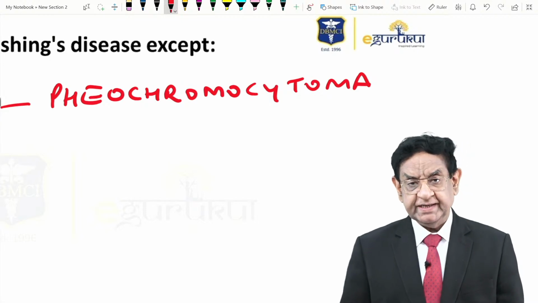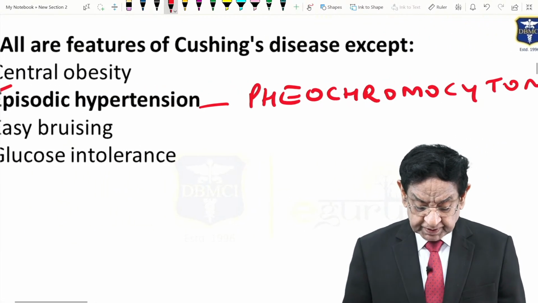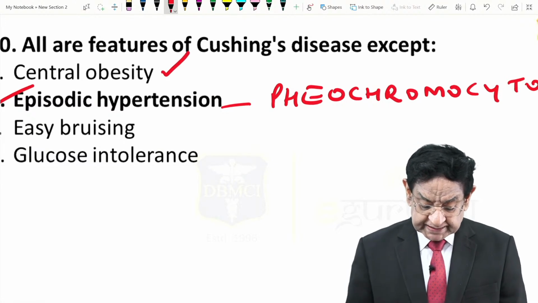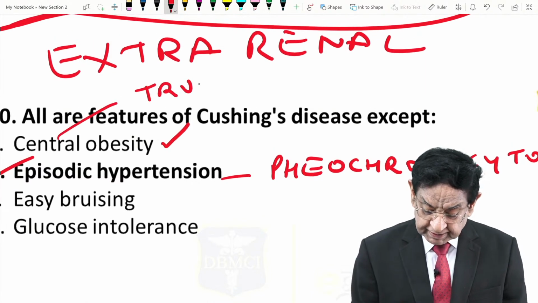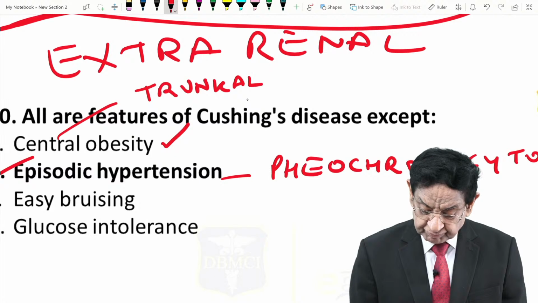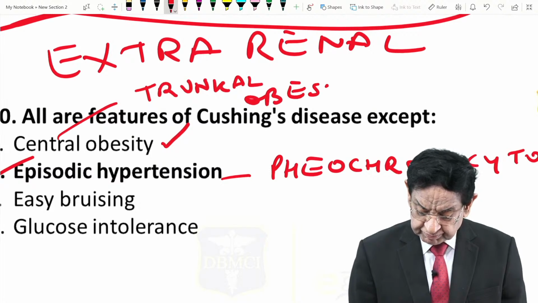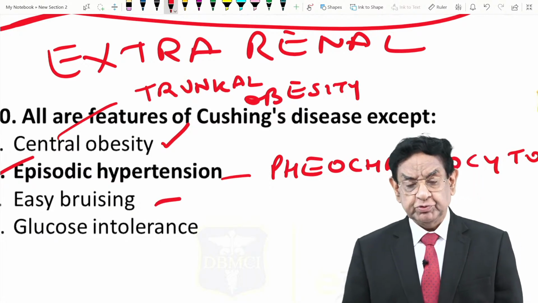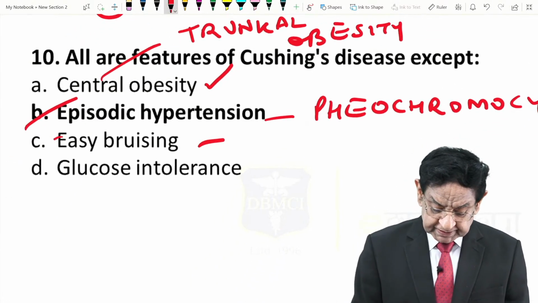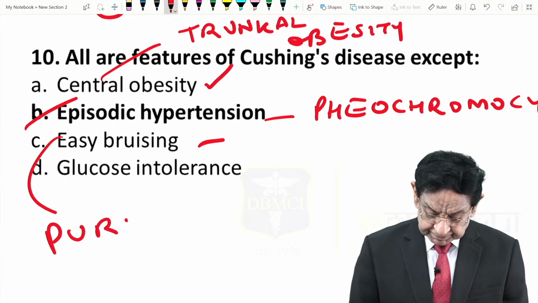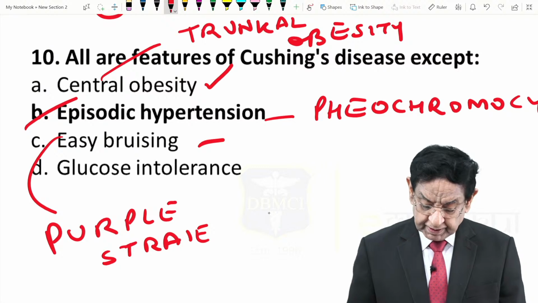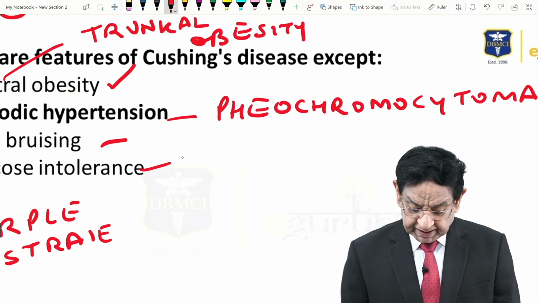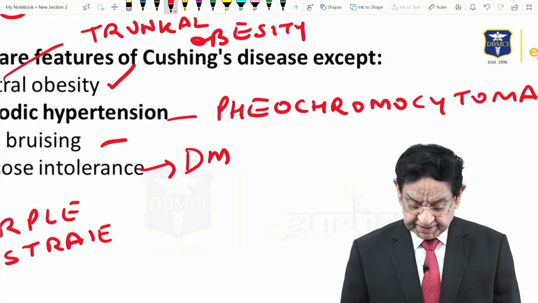It's not seen in Cushing syndrome. In Cushing syndrome, we do get central obesity, so-called truncal obesity, easy bruising, what we call purple stria, and glucose intolerance, which means it leads to hyperglycemia or it can precipitate diabetes.